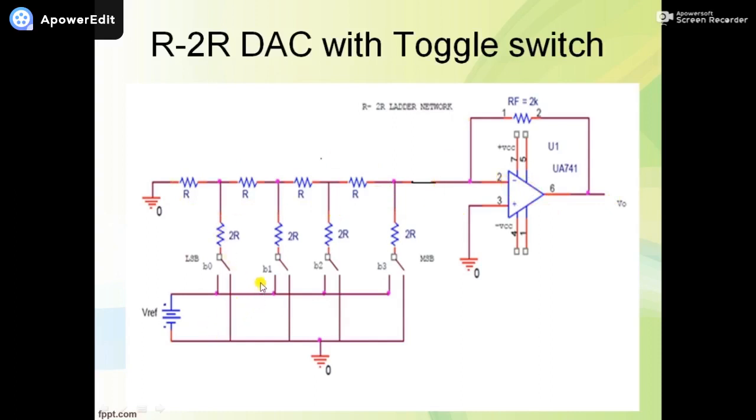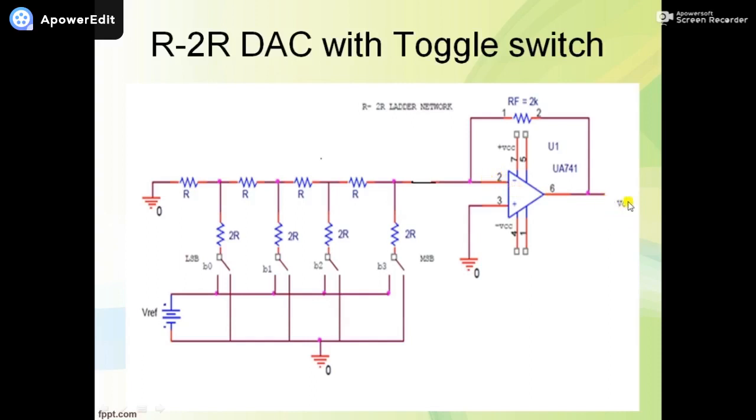Similarly, for another example, B0 is equal to 0, B1 is equal to 1, B2 is equal to 1, B3 is equal to 0. It means only B1 and B2 become closed switches because of the 1 state, and only the outputs of these two switches flow towards pin number 2 of the inverting amplifier.